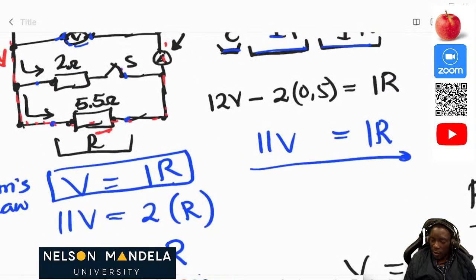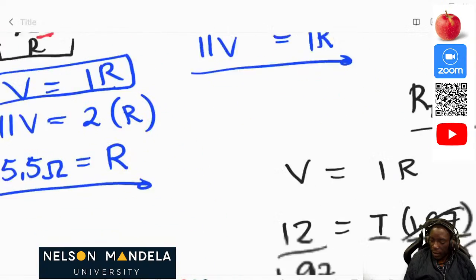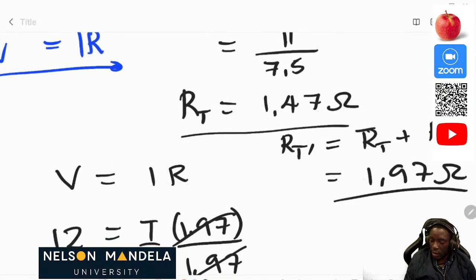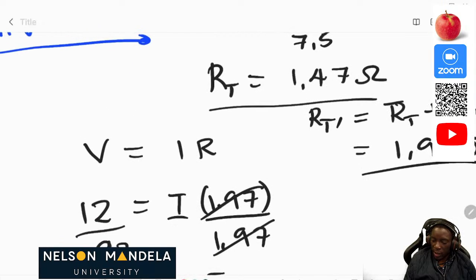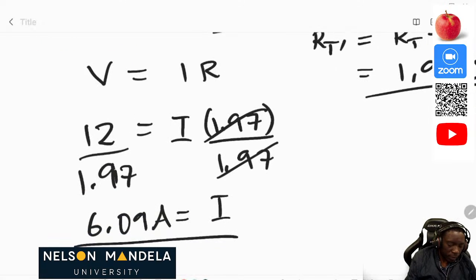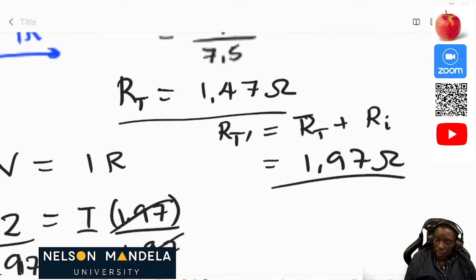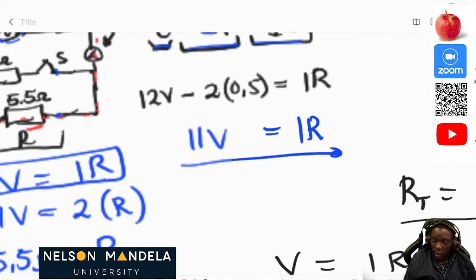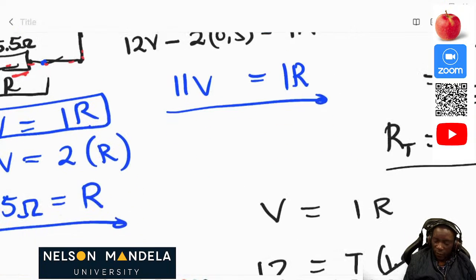And the 6.09 amps can be multiplied by RT, this resistance across the parallel circuit, 1.47, to find a voltage of 8.95.